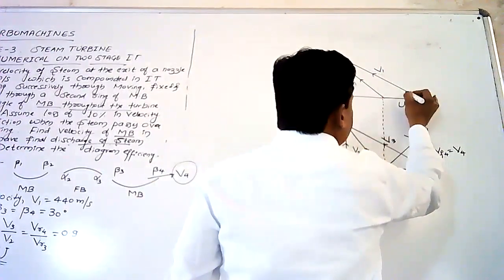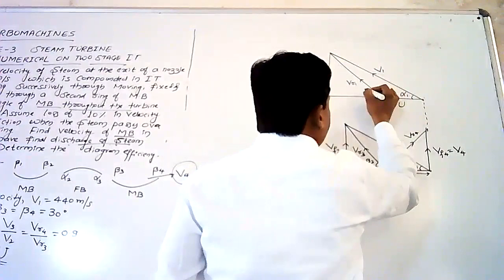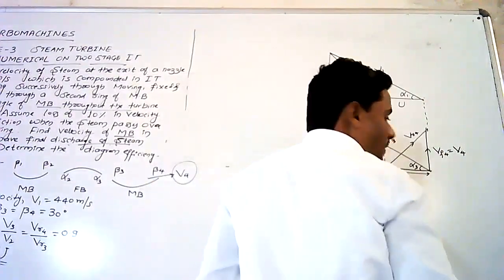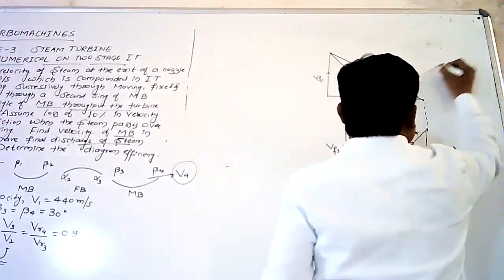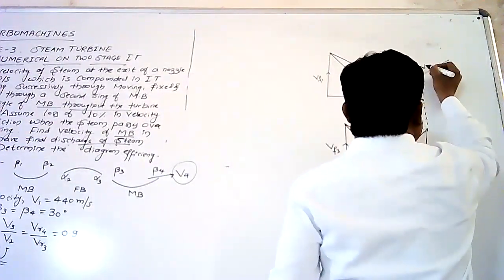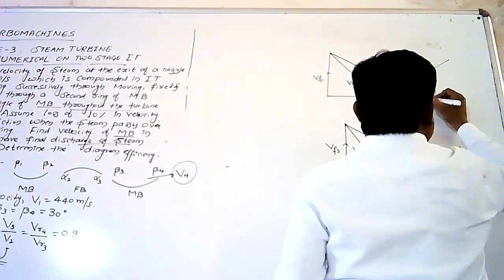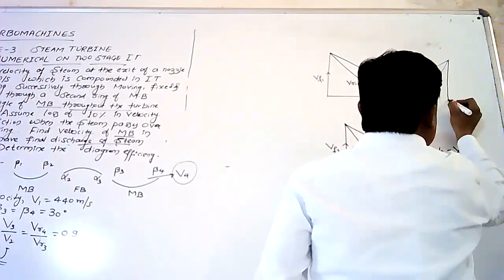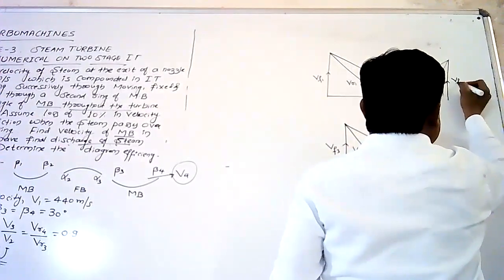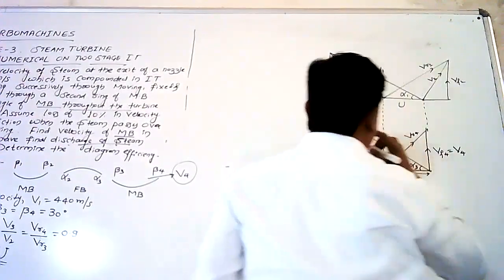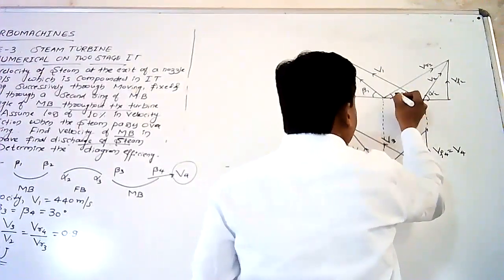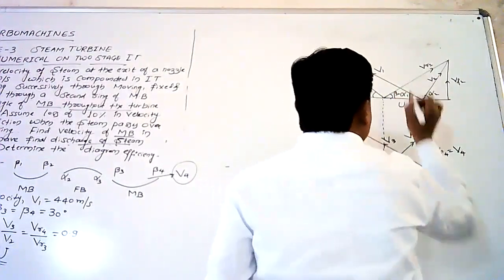For V1 the angle is alpha 1, and for VR1 the angle is beta 1. The corresponding outlet velocity triangle for the first stage is this. This will be VR2, this is V2, and the vertical component is VF2. For V2 the angle is alpha 2, and for VR2 the angle is beta 2.